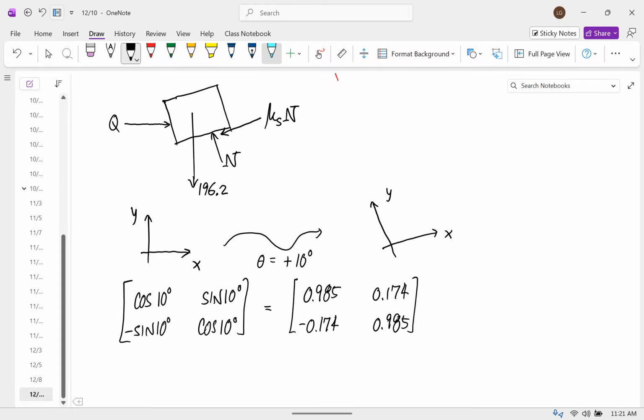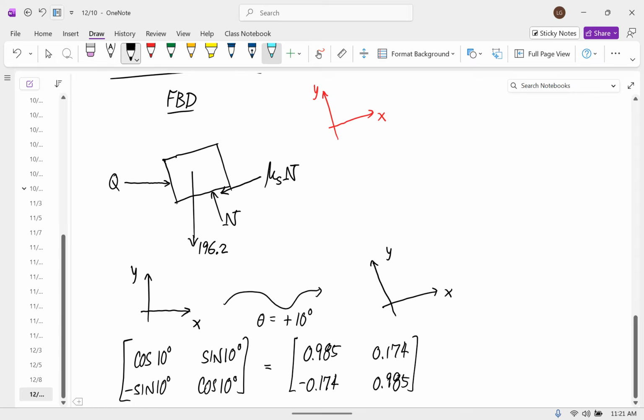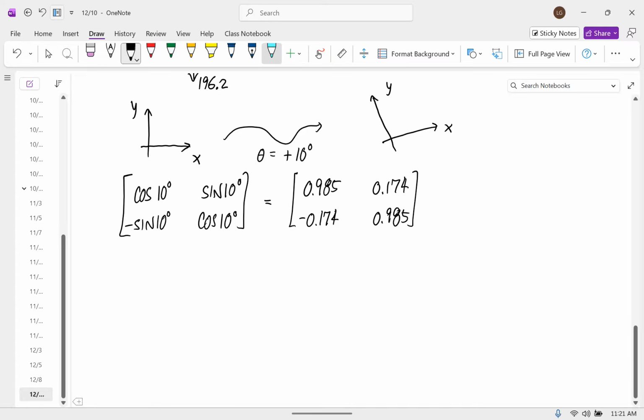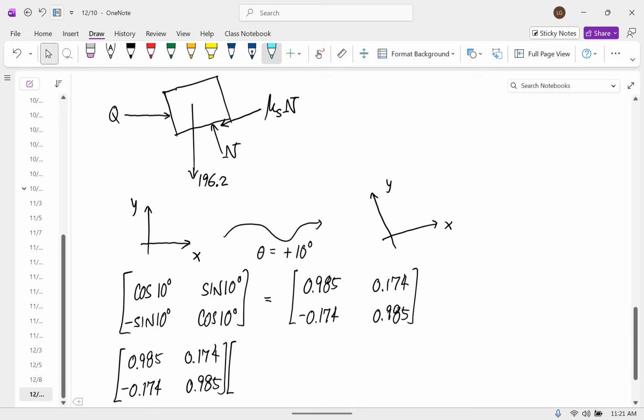And now I'm going to use this to come up with, in the red coordinate system, expressions for that Q force and that weight force. So we have 0.985, 0.174, negative 0.174, 0.985 times, let's do the weight force first.